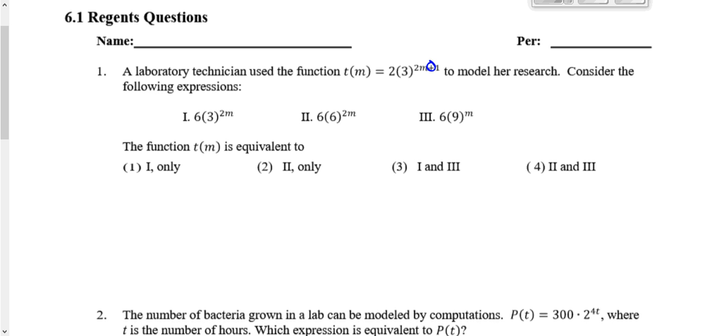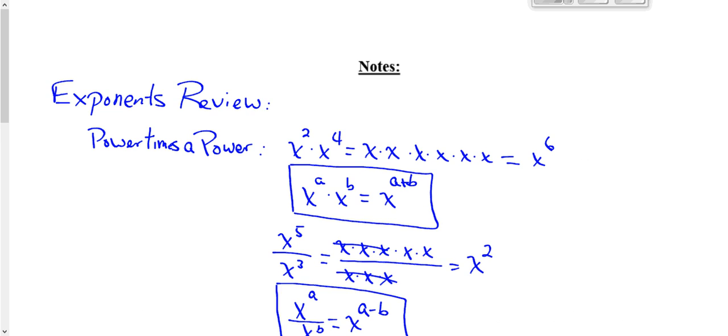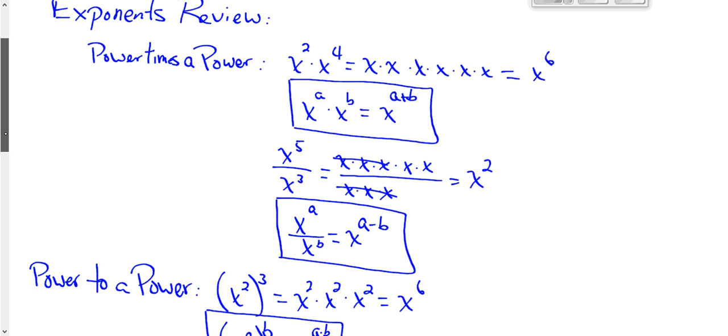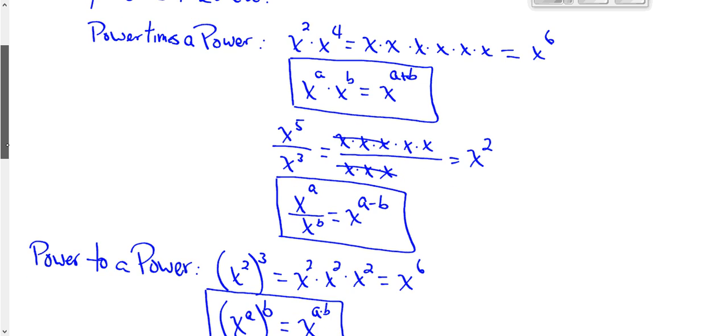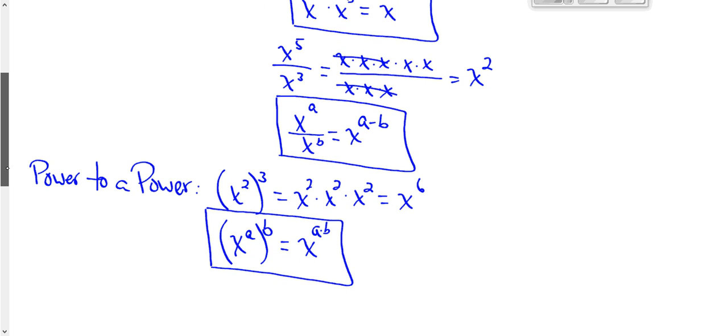Power to a power. Look back here. You see where we added the exponents? It came from just multiplying these, right? And down here, where we multiply the exponents, that came from power to a power.